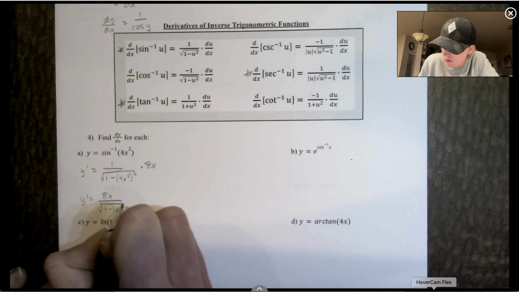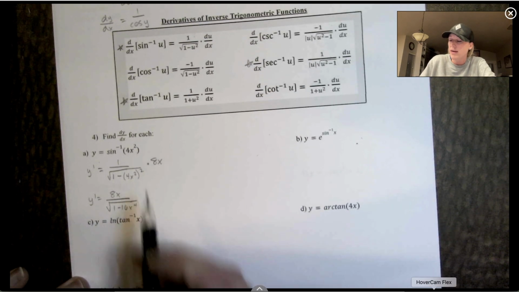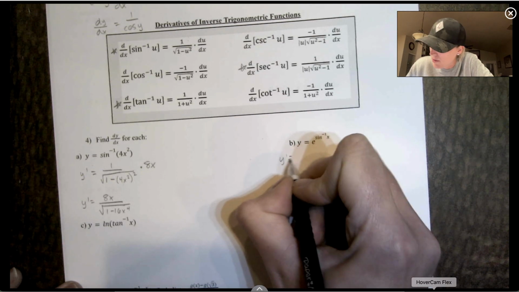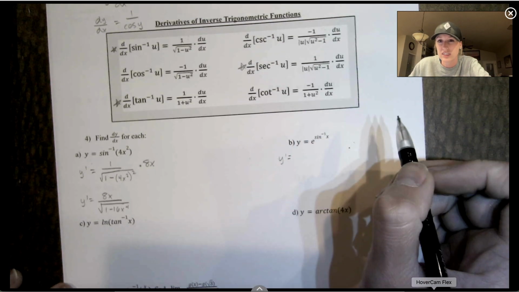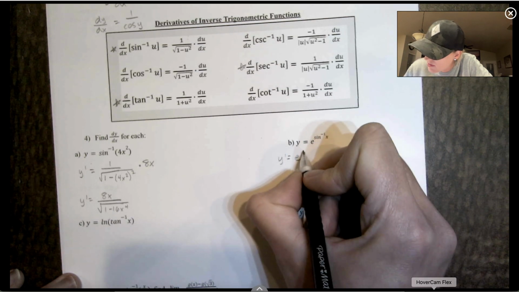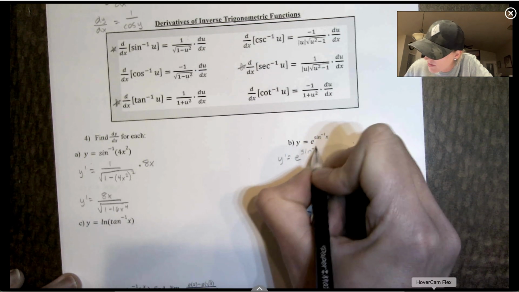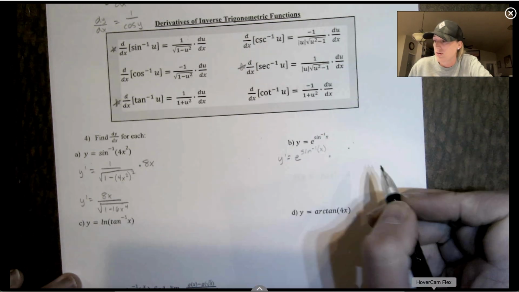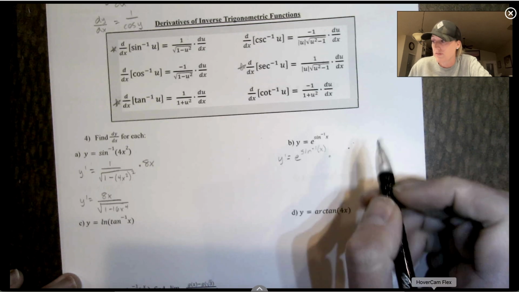All right, this one: y prime equals, my outside function is e to the x, so I keep e and I keep that argument the same, sine inverse of x, times the derivative of sine inverse.